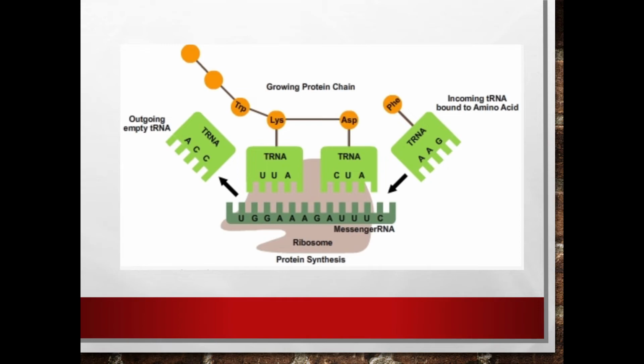Alright, so here you have an example of what all of this process looks like. That you have right here, right at the bottom. This one is the messenger RNA. So all of these letters that you see right here are basically the information that it copied from the nucleus. Now this brownish thing that you can see right here is the ribosome, and as you can notice, it is attached to the messenger RNA. And one more time, it is going to be putting together all of the amino acids that are coming right here.